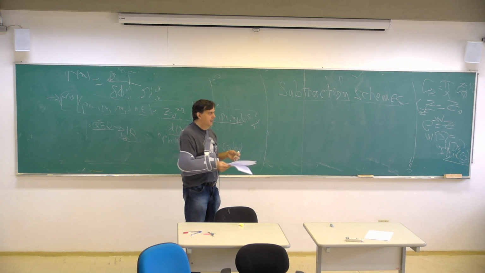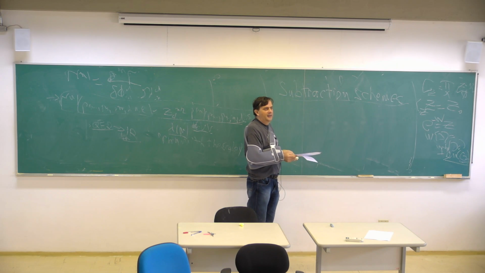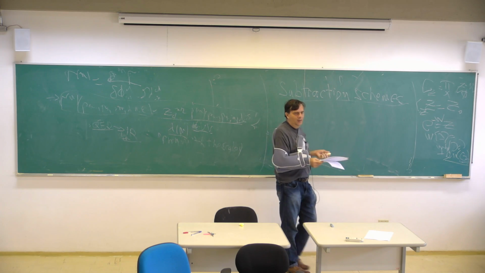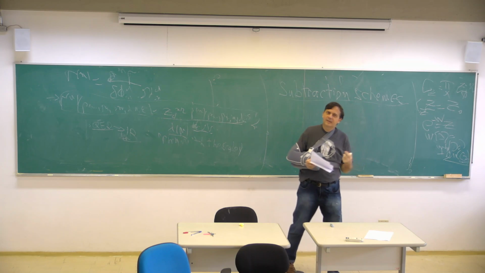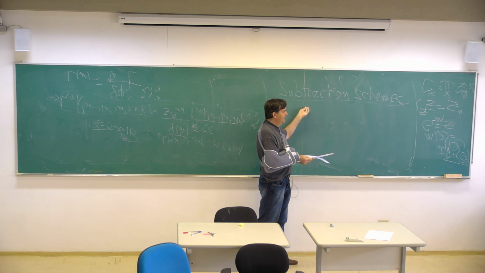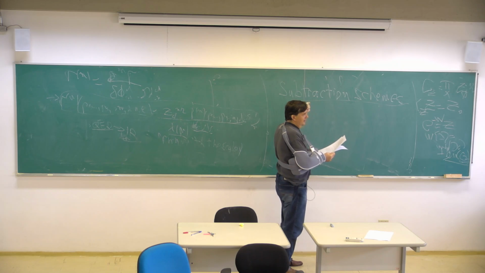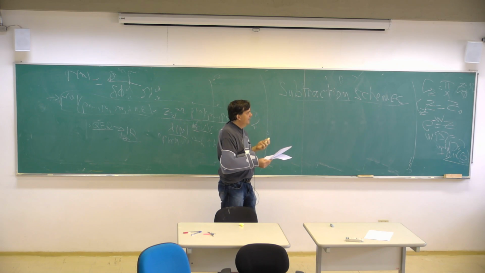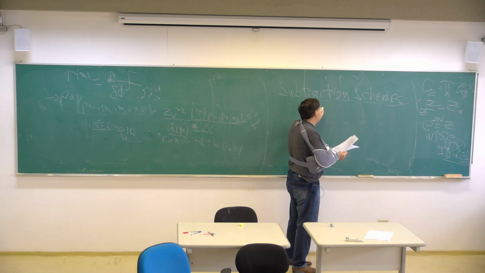We subtract the divergent part, but there's an issue that, well, since we subtract something infinite, we might as well subtract also something finite. So what do we subtract exactly? Just the infinity or something a little bit different? So that subtraction scheme that I have described in the previous lecture was called the minimal one.